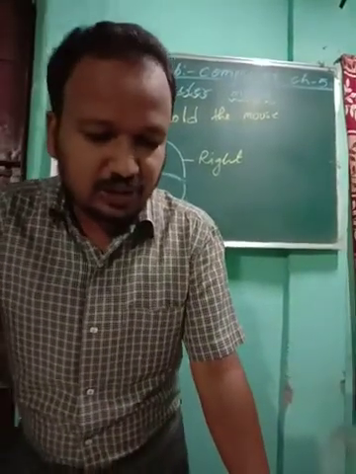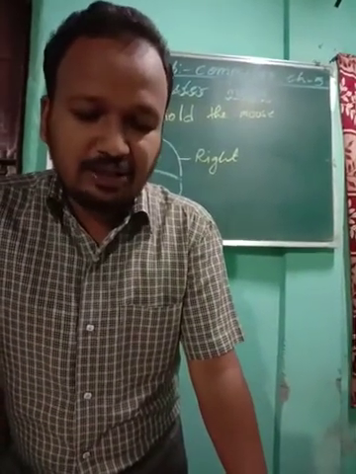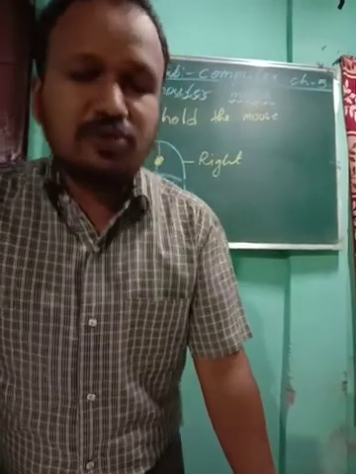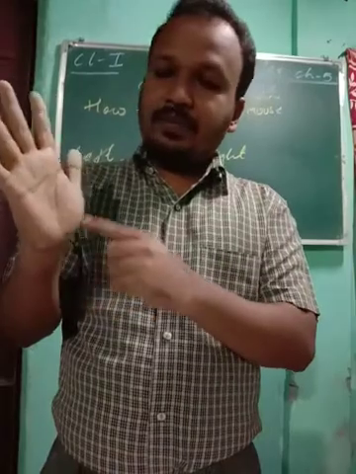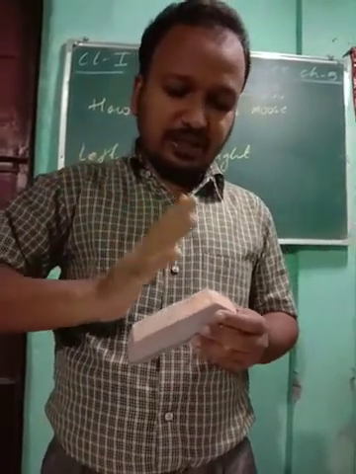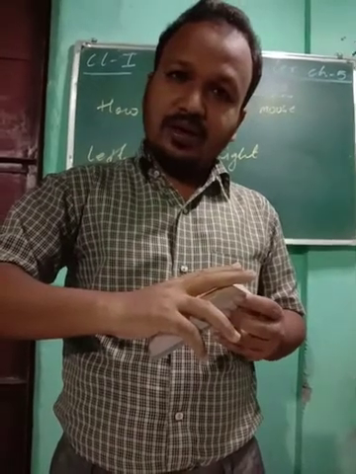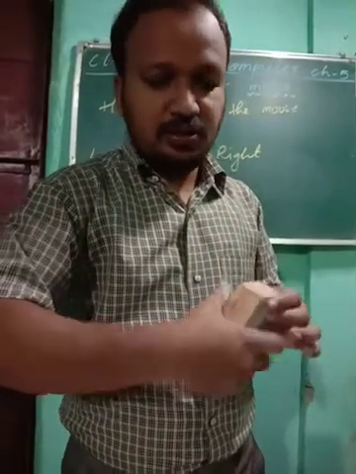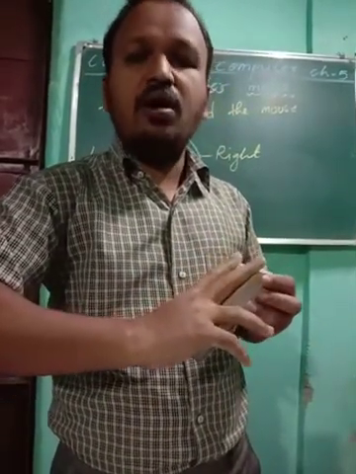So you see, hold the mouse lightly so that your palm rests on it. When you're holding the mouse, this is your palm, it should rest on it slowly, not that you will hold like this. It should rest on the top of your mouse.